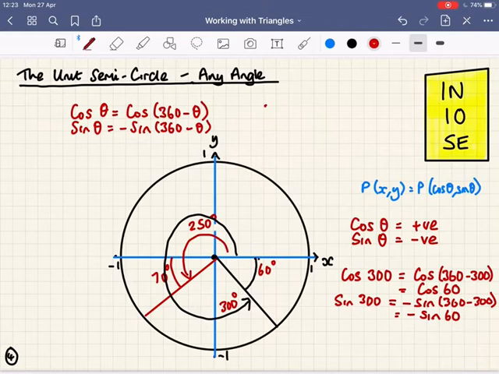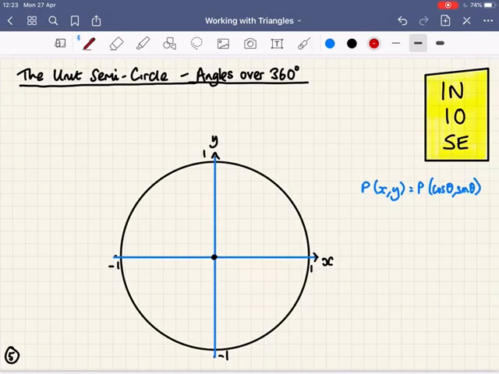It appears complicated, but once you get into the routine of working with angles and finding their partners, then you can find the values for any angle purely based on an angle between 0 and 90 degrees. You'll find its partner, and the only thing that might change is its sign. It might go positive or negative.